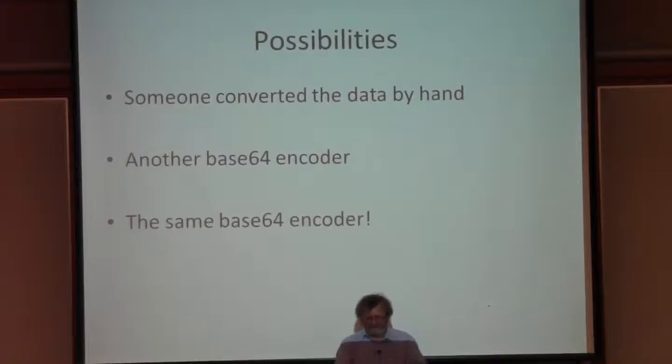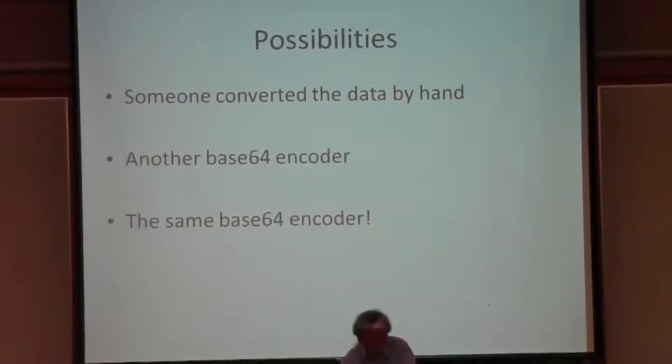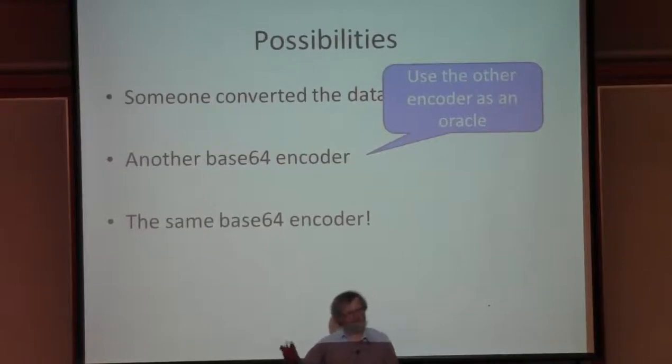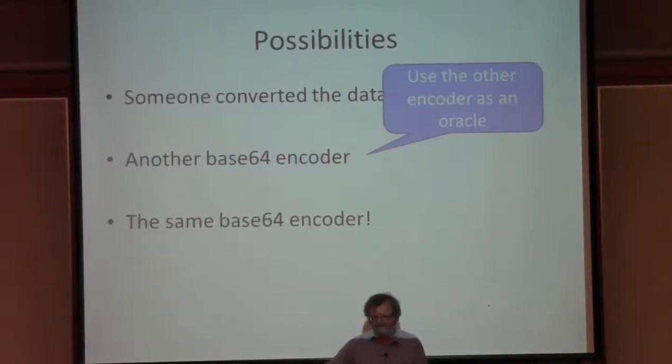Okay, so let's think about these possibilities then, because two of the possibilities can give us ideas for writing properties. If the developer has another base64 encoder, why not write a property that runs that encoder too, and just compares the results? So you might wonder, if you've got another one, why are you writing a new one? But it might be that you want one in Erlang for the Erlang libraries, and you have one in C, for example.